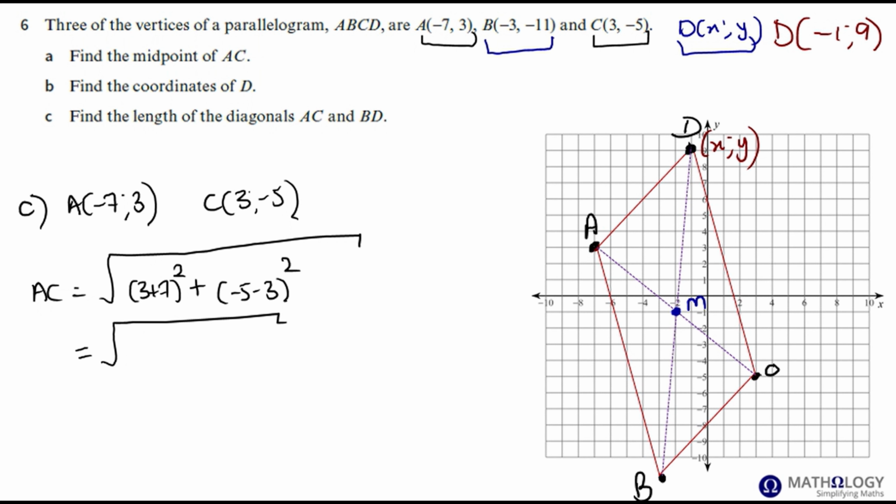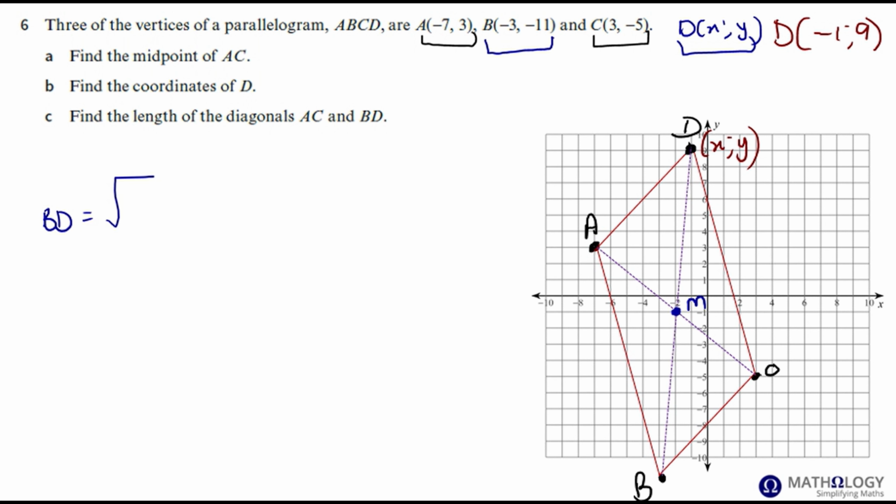That equals the square root of 10 squared is 100, and minus 8 all squared is 64. So AC equals the square root of 164, which in simplest form is 2 root 41.